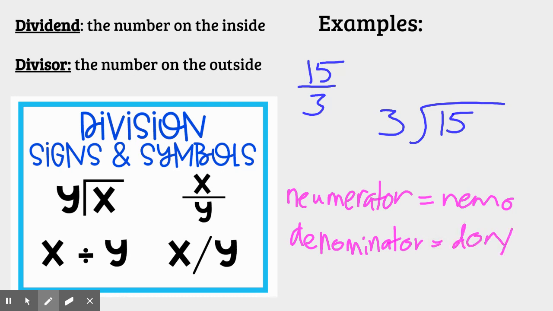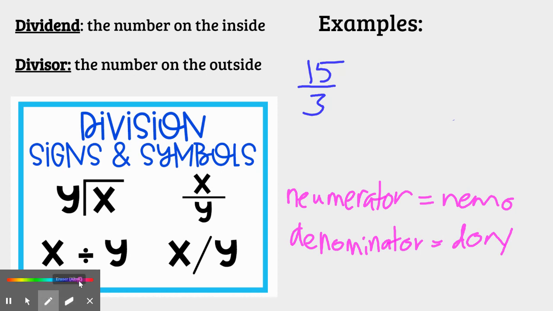So in Finding Nemo, Nemo gets captured by the dentist. So that is why underneath we have our numerator. So in that situation, it'd be 15, where Dory, the denominator, is out swimming free. Hopefully that helps you remember which number goes underneath.